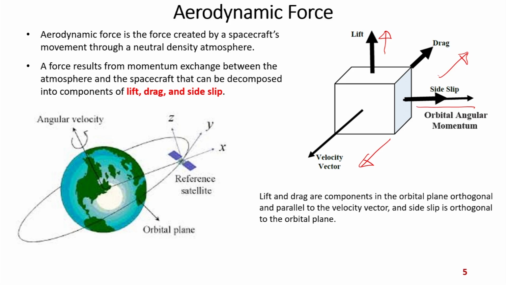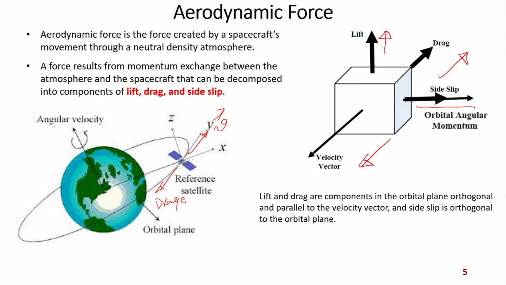You can see this is the earth and the satellite is orbiting. This will be the velocity direction, the direction the satellite is moving, so the drag force will be opposite.